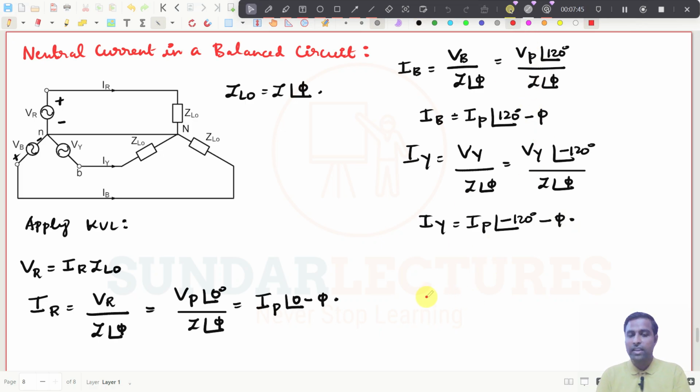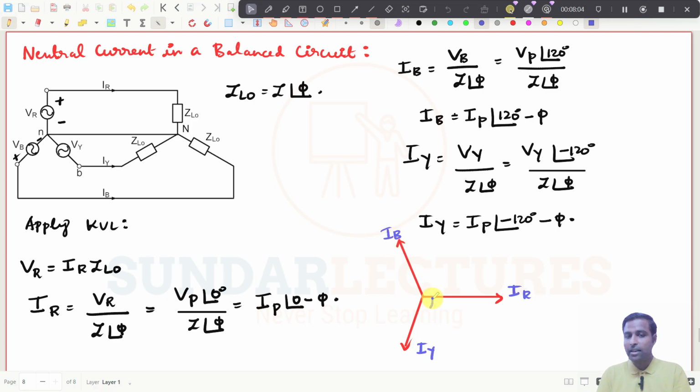If you draw the phasor diagram again, it will be like this. This will be IR, this will be IY and this will be IB.